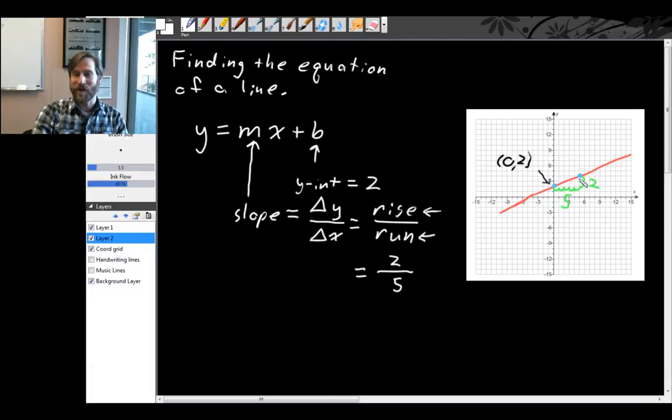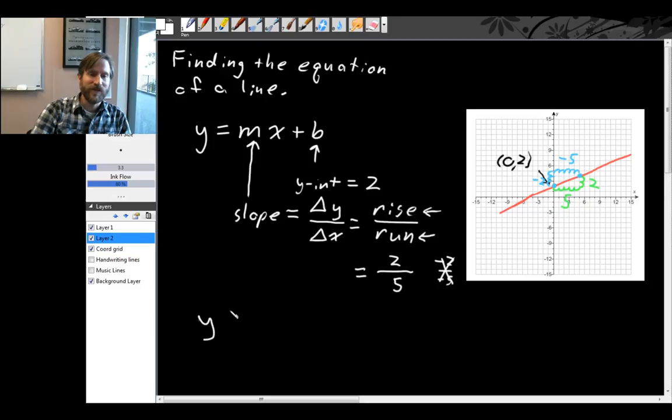So if we moved from the right-hand point to the left-hand point, we would be going 1, 2, 3, 4, 5, but that's to the left, so that would be negative 5, and down 1, 2, so that would be negative 2. So moving from the right to the left, for our slope we get negative 2 over negative 5, but that's still 2 over 5, so either way you get the same thing for the slope.